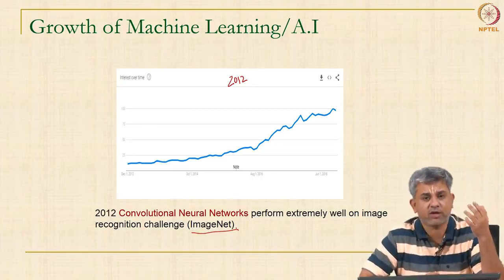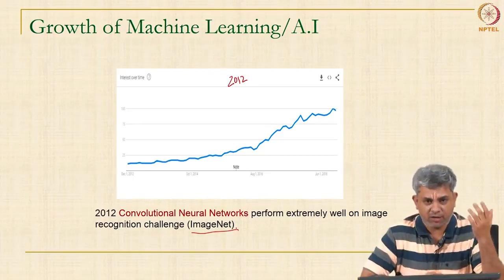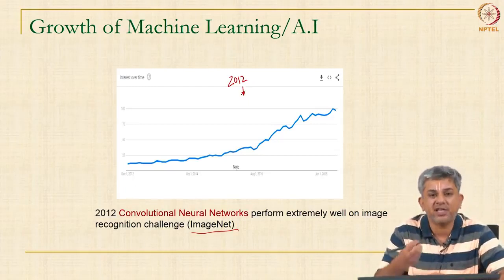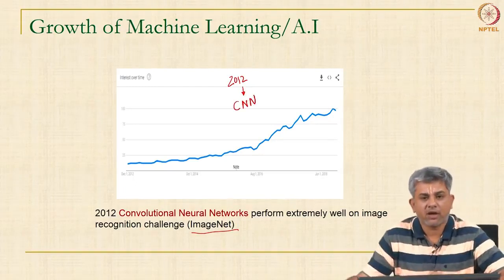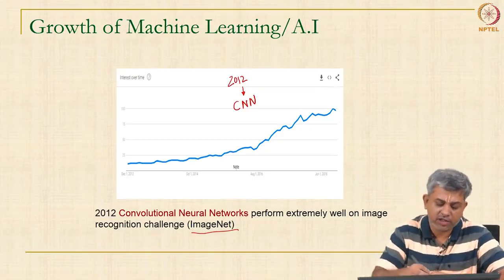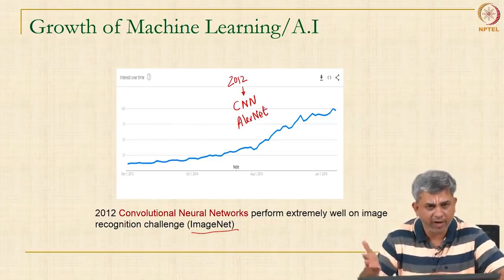Most of the algorithms at that point, all of the algorithms which had been winning, were in some sense traditional vision based, rule based algorithms. 2012 was the first time that a machine learning algorithm called a convolutional neural network won. The algorithm which won is called AlexNet, which we will be covering in detail later on in the course.